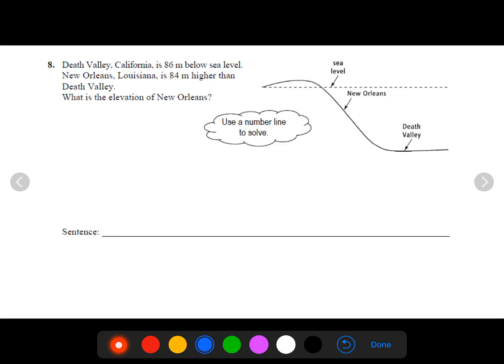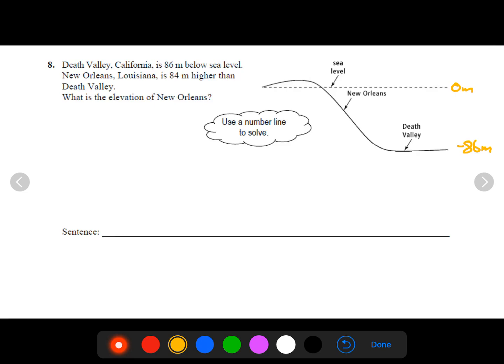All right, Death Valley, California is 86 meters below sea level. So that's -86 meters. Sea level is this dotted line, that's 0 meters. And then New Orleans, Louisiana is 84 meters higher than Death Valley.